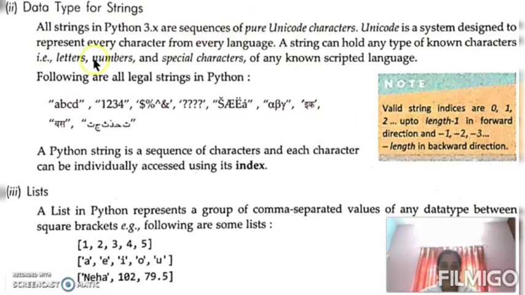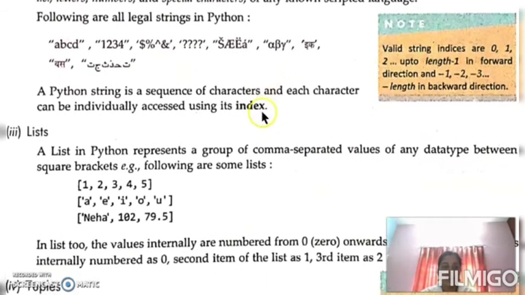These are some legal strings in Python. Here ABCD uses double quotes, meaning 4 characters are enclosed in double quotes. A combination of characters and numbers is also possible, enclosed in double quotes. So this is the second data type, string.